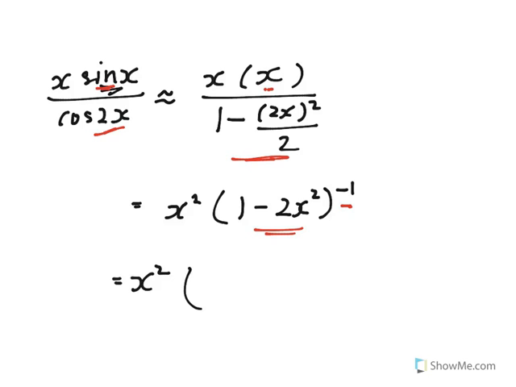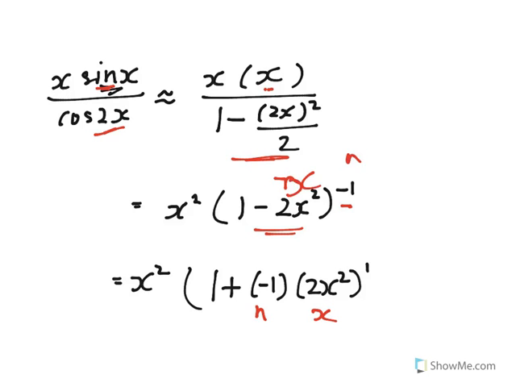Then next, 1 minus, plus negative 1, 2x squared to the power of 1. These are the variable terms, and this is the n, based on the formula. After that, do we go on? Remember, we are neglecting x cubed, so we can basically just stop here.